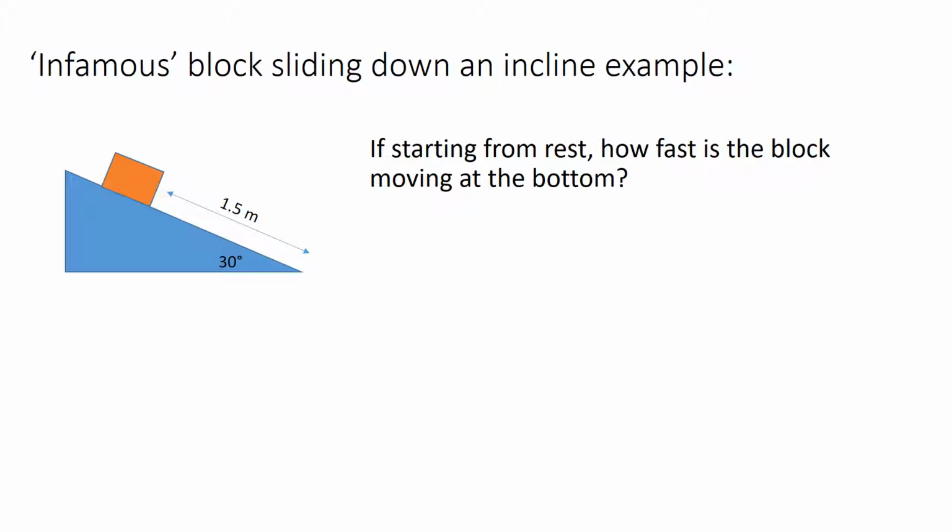So the way to approach these problems is to first draw a mental plan, a mental path to the solution. In this instance, this involves identifying the variable that we're being asked. In this case, it's the final velocity of the block at the bottom of the ramp.